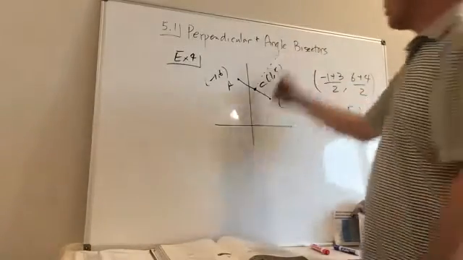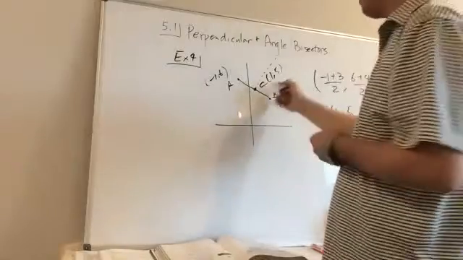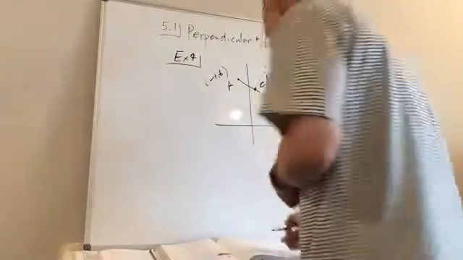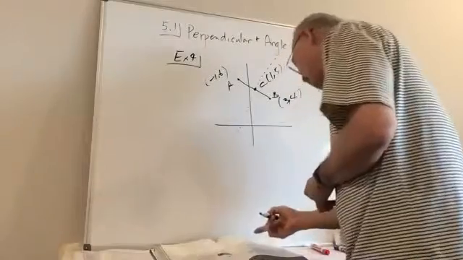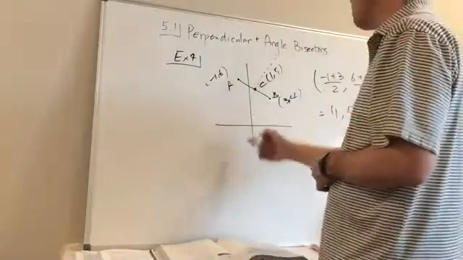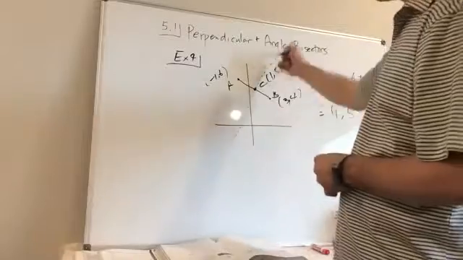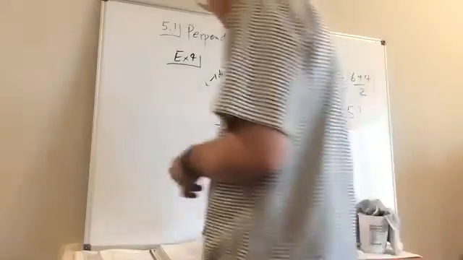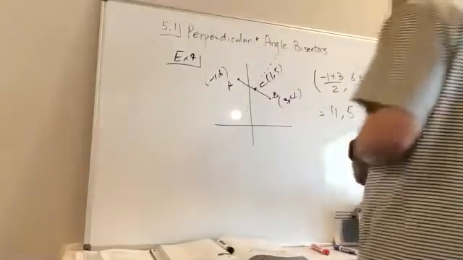So I know this point, okay? All I need now is the slope, because it says find it in point slope form. So I just need a slope, right? So how do I find the slope of this perpendicular line here? Anybody have a clue? Suggestion?